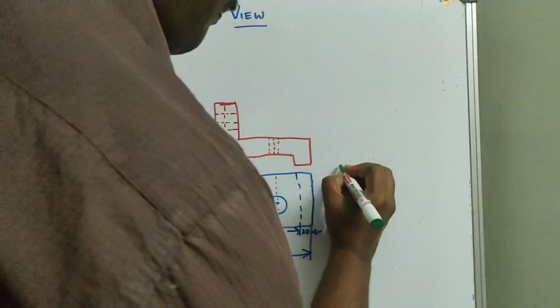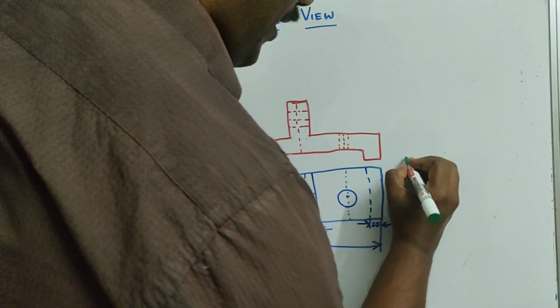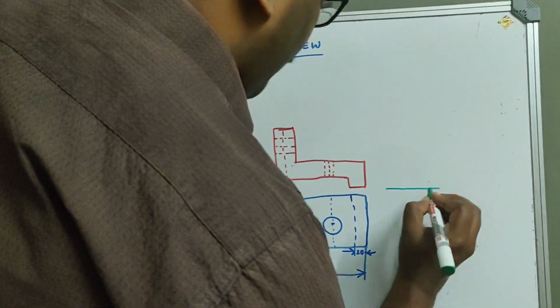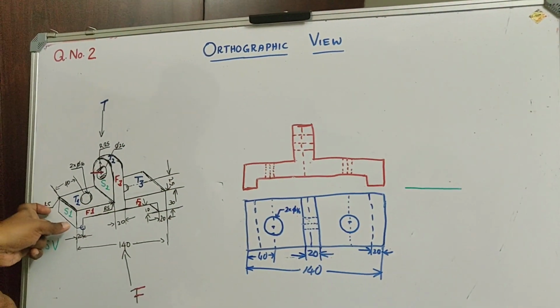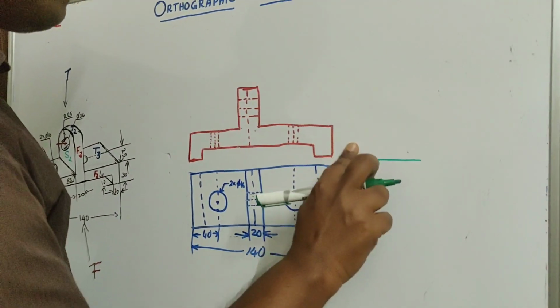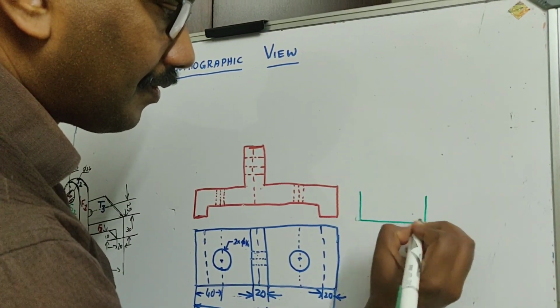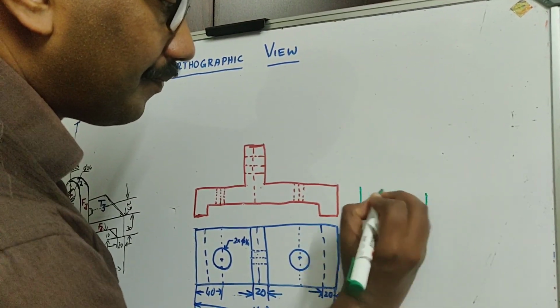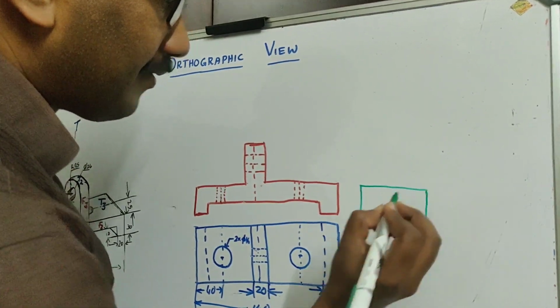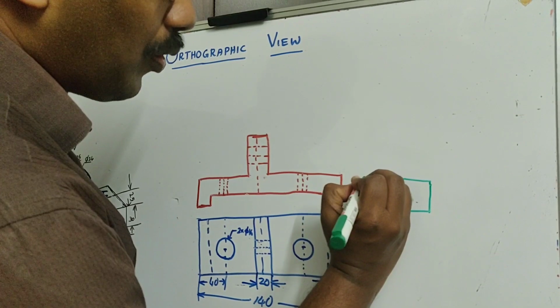Here there is a flat surface, it's a square of length 50, isn't it? This total length is 50 and the height is 30. From here we know that 25 we can draw.